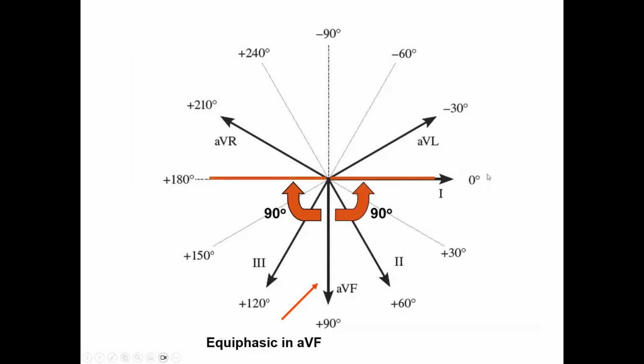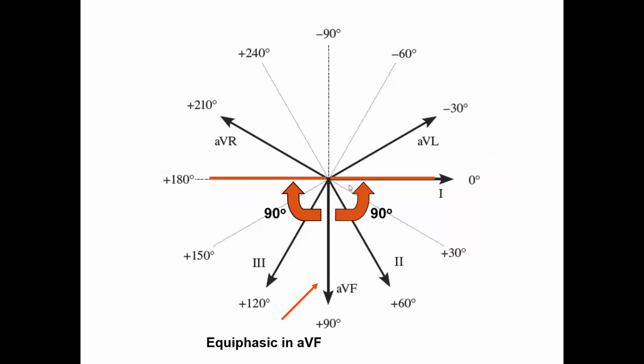Either we have it at 0, or we have it at 180. So what we have to do, basically, is choose. How can we choose? Look at lead number 1, positive or negative. Because if it's positive, that's 0. If it's negative, it's 180.